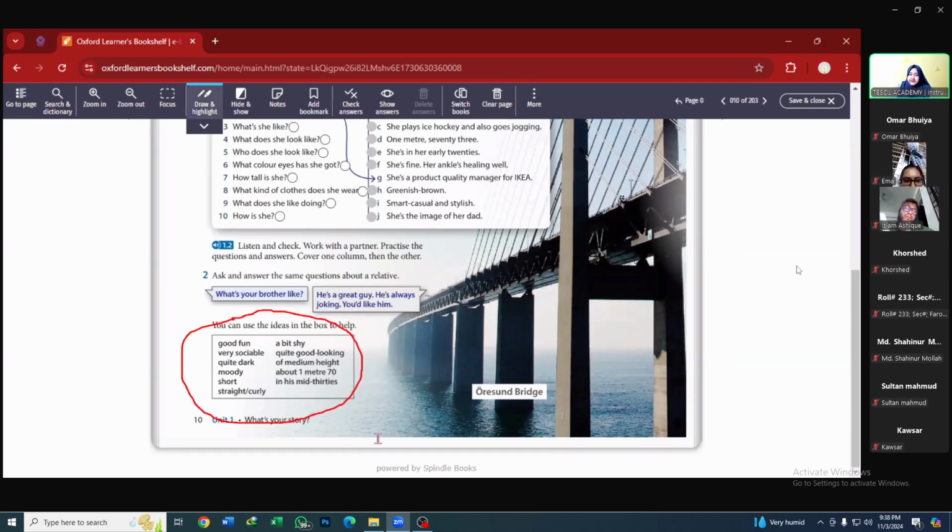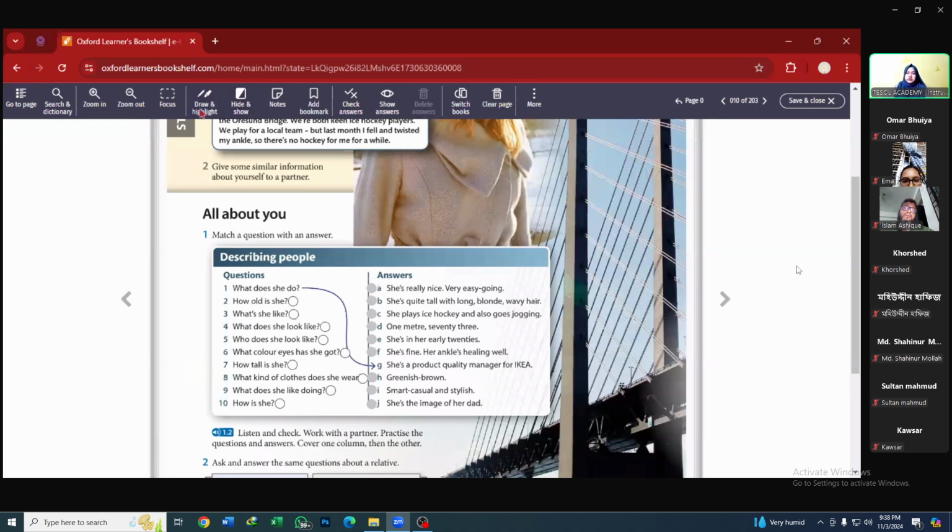So we used these phrases and we described any of our relatives or our friend or our daughter, son, anyone. And we also learned how to question others to learn more about their description, right? So this was the first page, and these were the lessons learned from the first page.